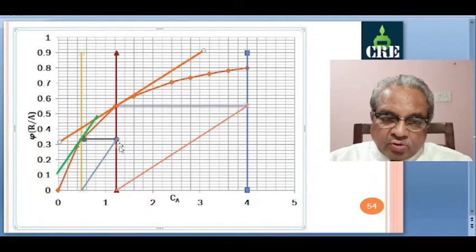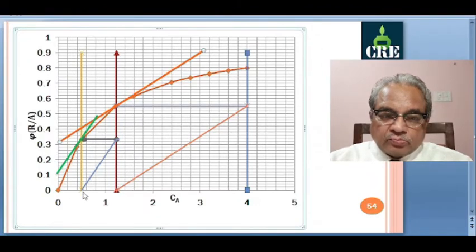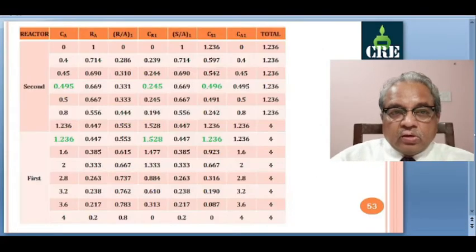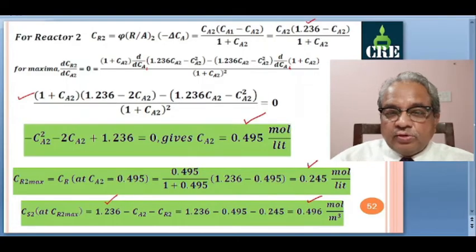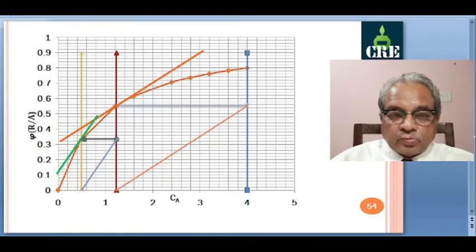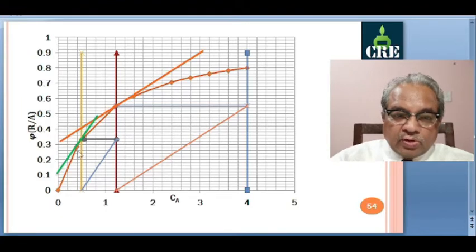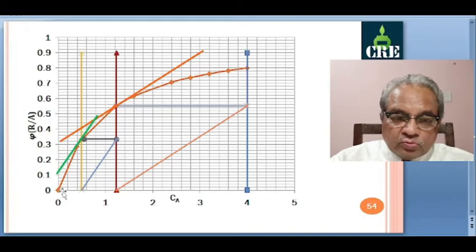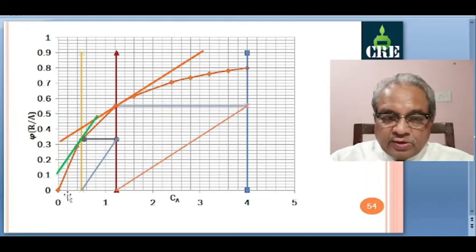Then second reactor from here to this value. Okay. And up to which value it is going? 0.495. So though our curve is from this 4 to 0, we have taken the points.